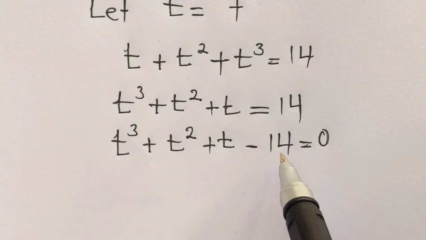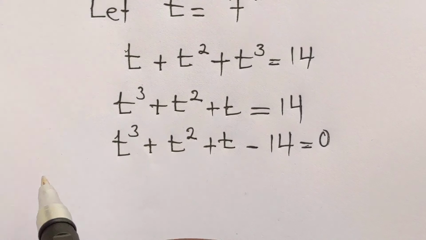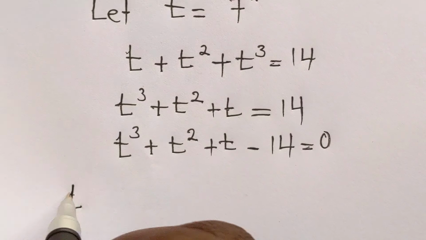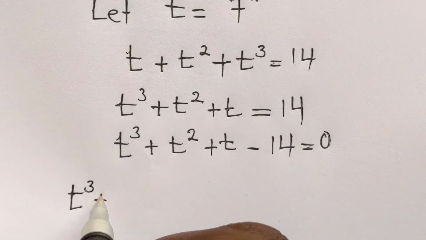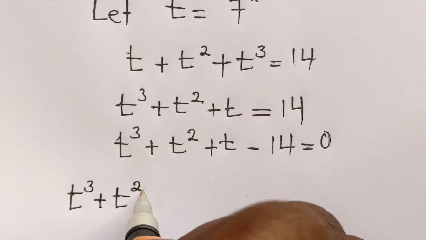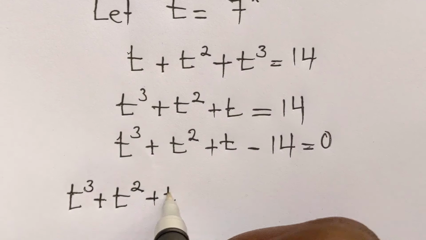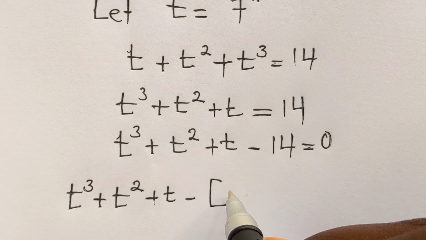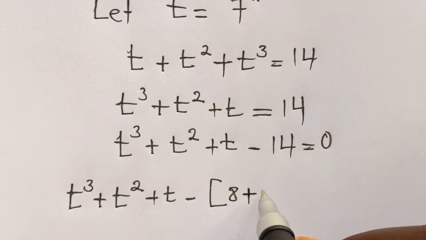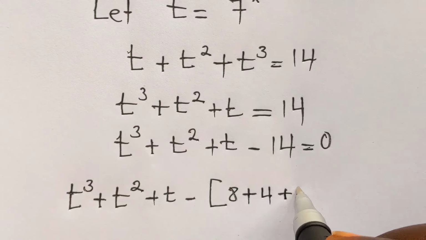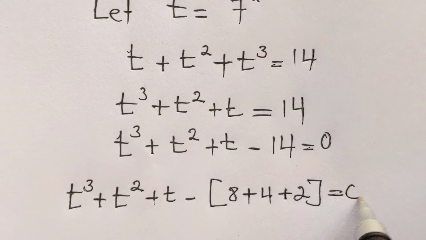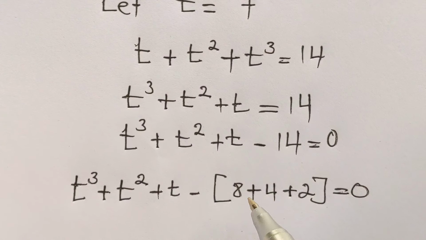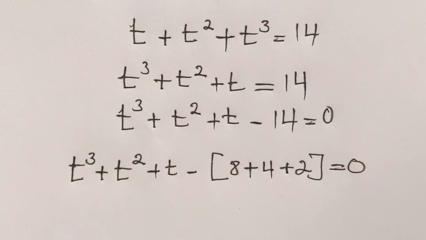And you have to find a number at this stage by writing t power 3 plus t squared plus t minus 14. This 14 can be written as 8 plus 4 plus 2. Okay, I have to change these numbers into base 2.